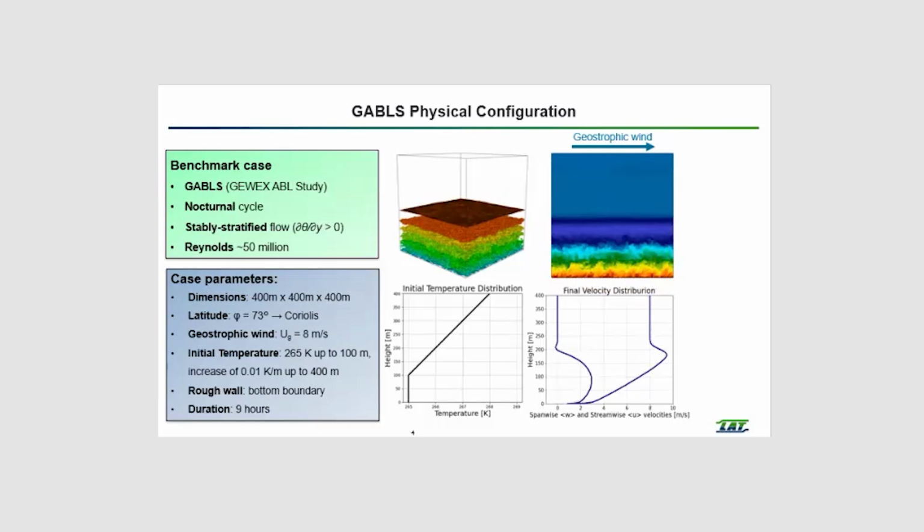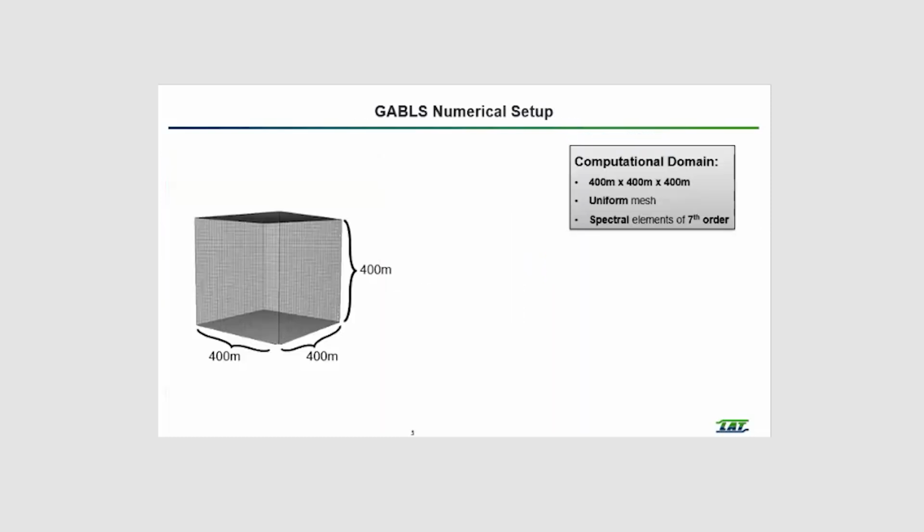And the total simulation time is 9 hours. And here you can see the final horizontal velocity distributions for V and U at the end of the simulation. And also the height of the low-level jet, which is basically where the horizontal wind speed peaks, and also the boundary layer height for these examples.